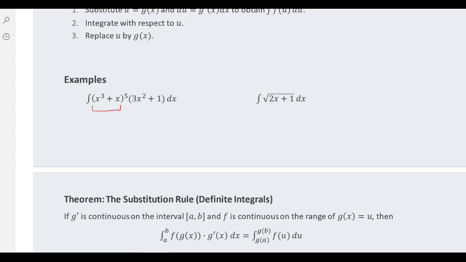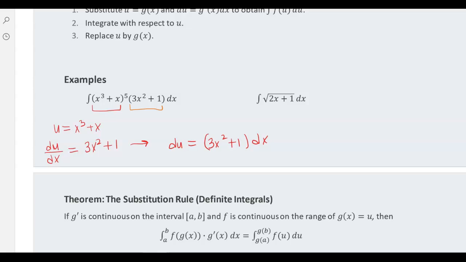Looking at this, if I let u be equal to x cubed plus x, then if I take the derivative, du dx, that would be 3x squared plus 1. And I see that sitting right here. So that's kind of the idea of what I'm looking for. What I'm going to do is multiply both sides by dx. So I'm going to change this to be du equals 3x squared plus 1, and then I'll tack the dx onto the end.